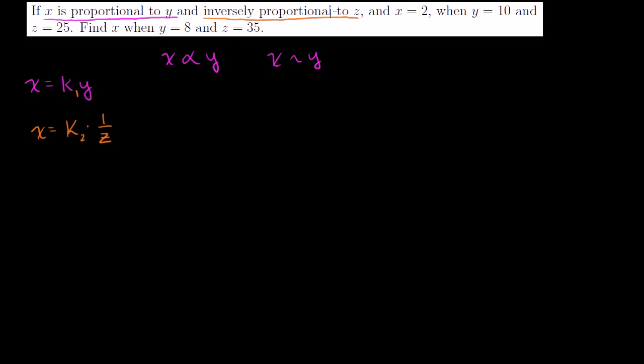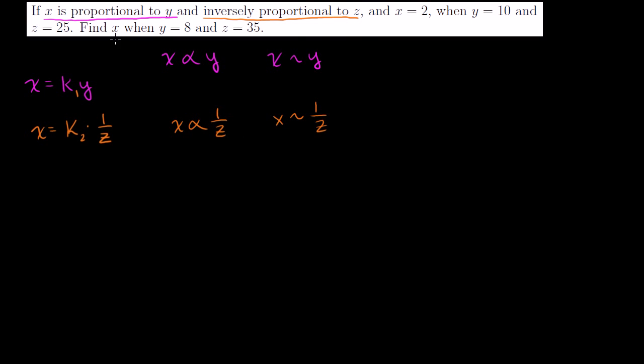That's what inversely proportional to z means. And other ways we could write this is x is proportional to the inverse of z, x is inversely proportional to z. These things in orange are all equivalent. I just want to make you familiar with it in case you ever see it.